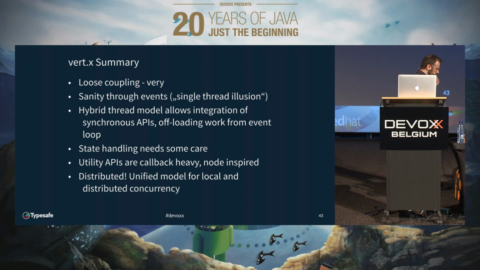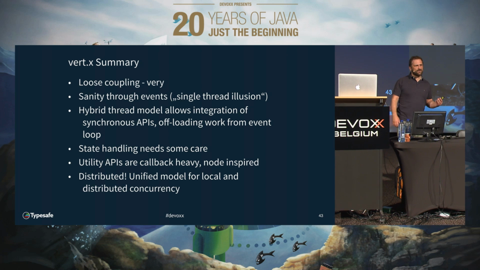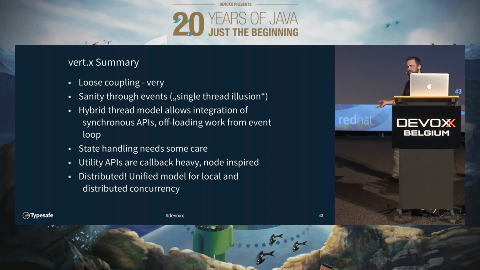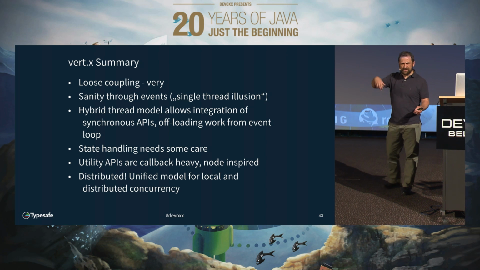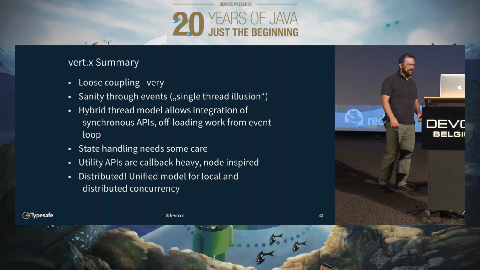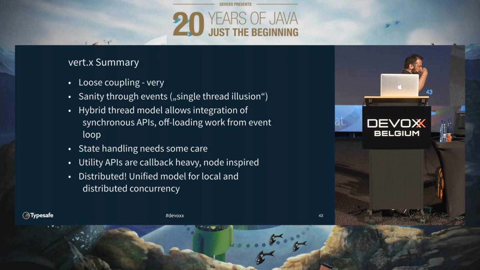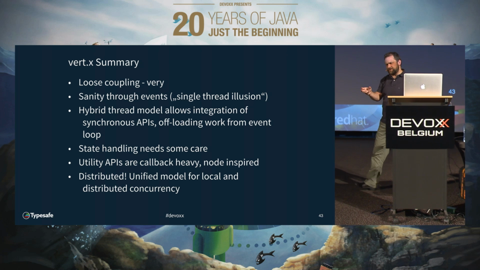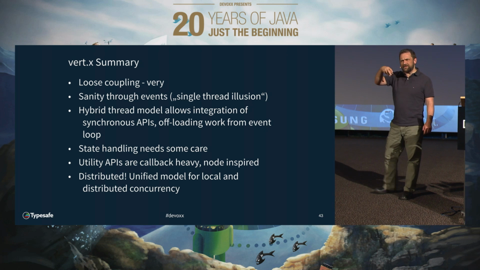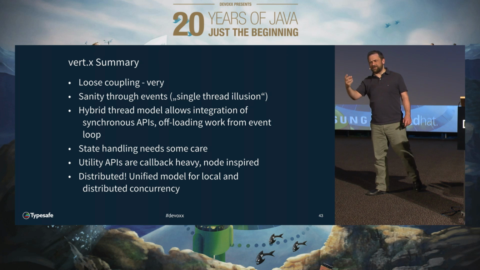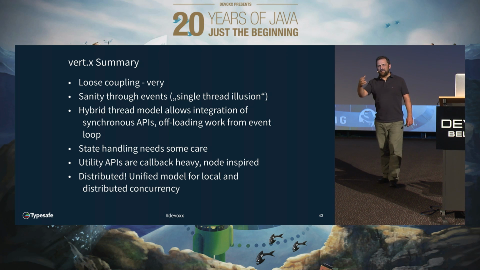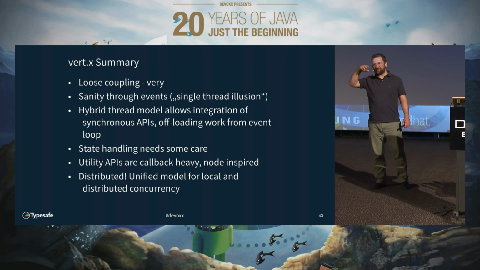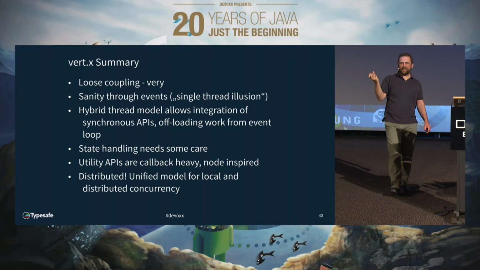So there were a lot of interesting concepts in this. It's very loose coupling. I just put messages on a bus, and these messages are going to be picked up by some event handlers. In terms of reasoning about my code and what's being executed in what order, again, it sequentializes it for me and gives me the sanity back, the predictability back. I get the event, and then my code is executed, and it's a so-called single-thread illusion.